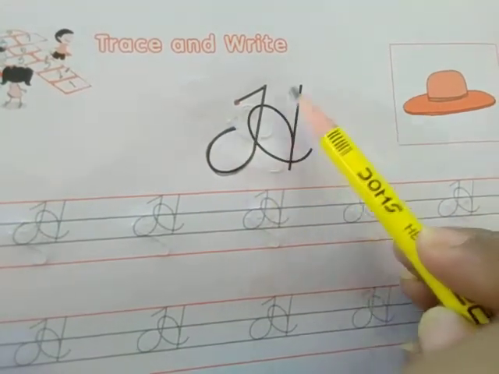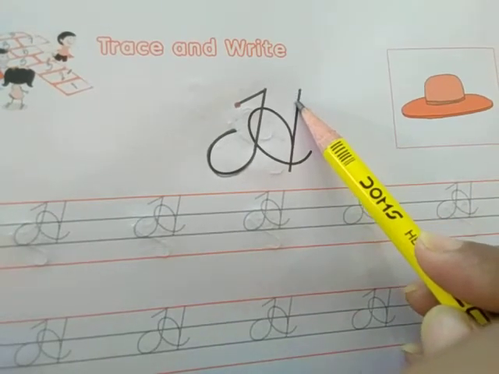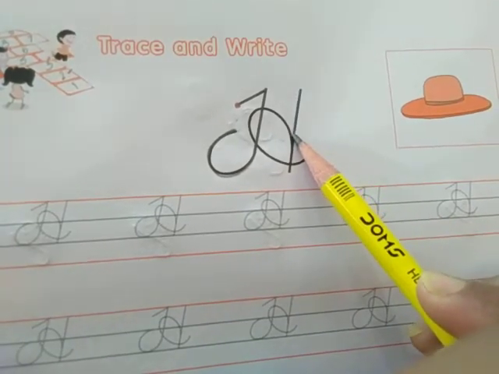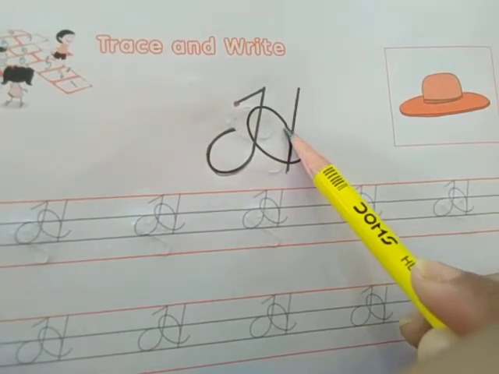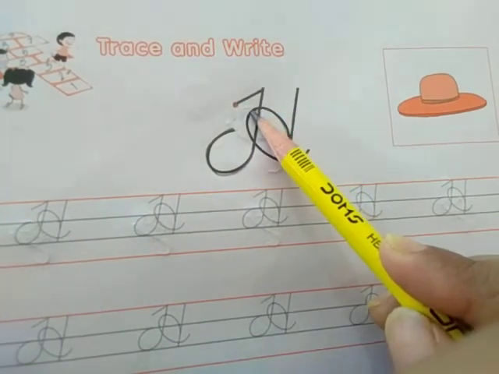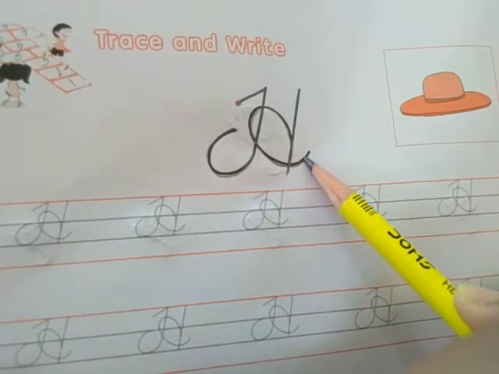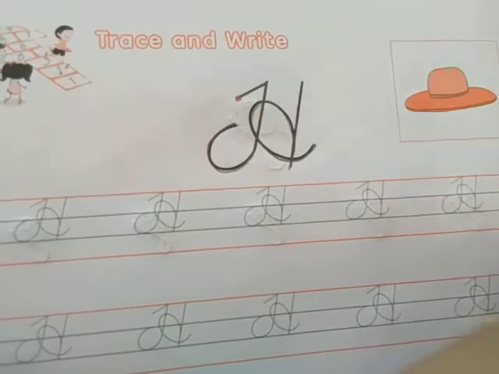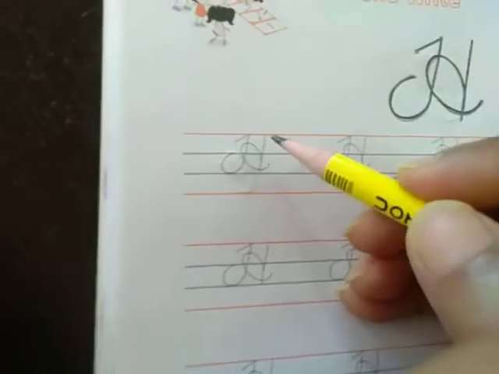After this, you have to come here. You have to come straight down, and from here you have to make a loop as you were drawing for A. Just like that you have to complete it. So let us start tracing.